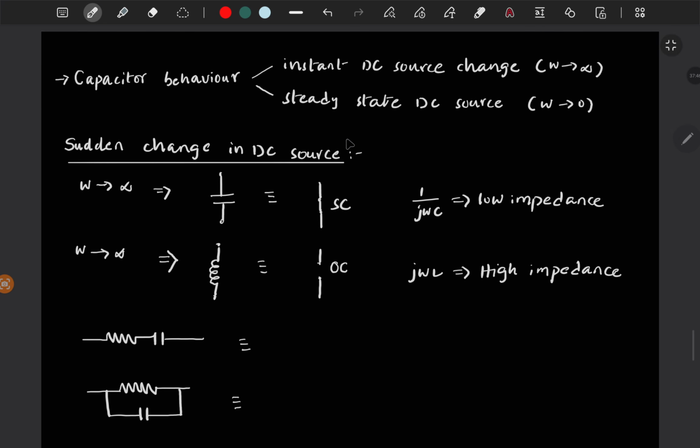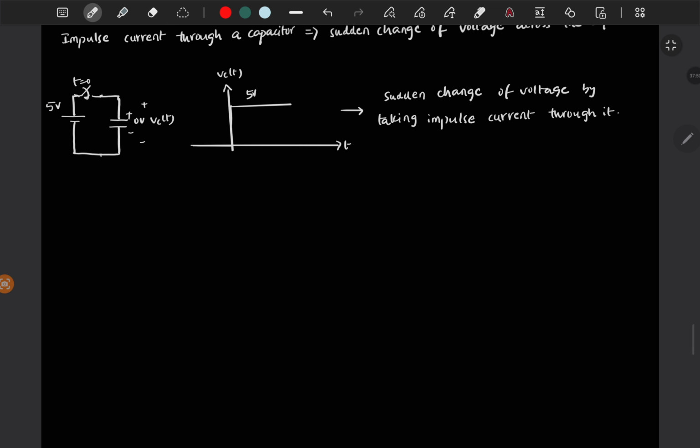Okay, so here we have applied 5 volt at t is equal to 0, right? So the voltage source is directly 5 volt at t is equal to 0. So there is a sudden change at t is equal to 0, right? Which means it is very high frequency at that time instant only, not at steady state.